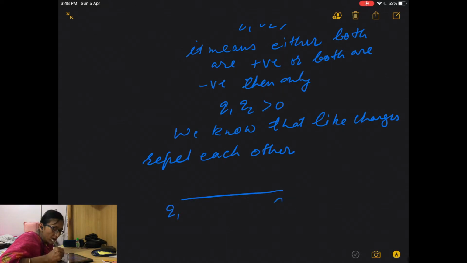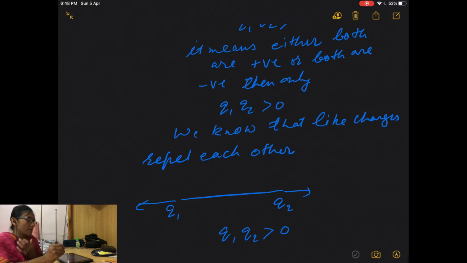Let me draw once again, Q1, Q2. These are two like charges. Either they will be positive or they will be negative, because Q1 Q2 is greater than 0. So, being like charges, a repulsive force with directions opposite to each other will be there.